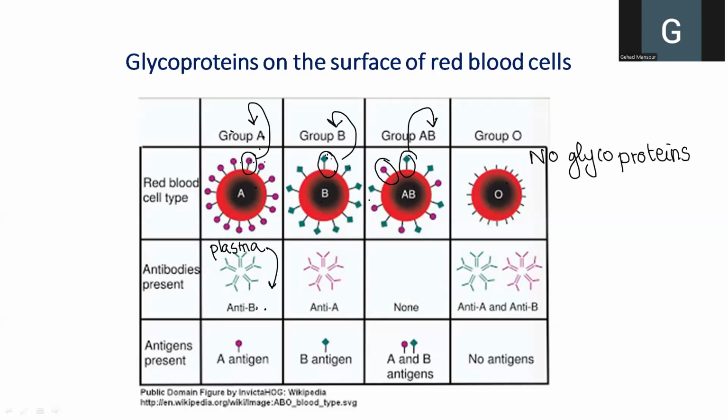glycoproteins A. These glycoproteins act like an antigenic molecule, meaning that an antigenic molecule, as you know, is a molecule that can stimulate the immune response and stimulate the formation of an antibody.